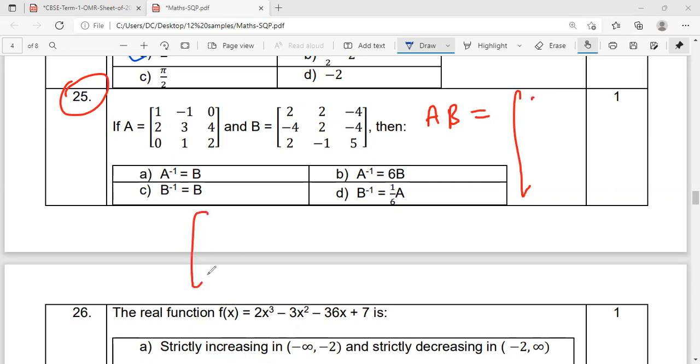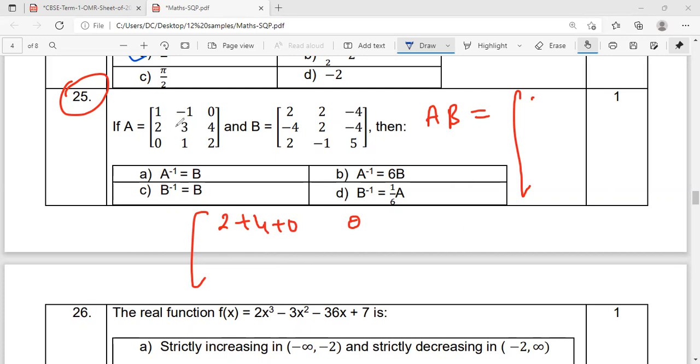Let's write AB here. That is 2 plus 4 plus 0. And first row, second column, that is 2 minus 2, which is 0.